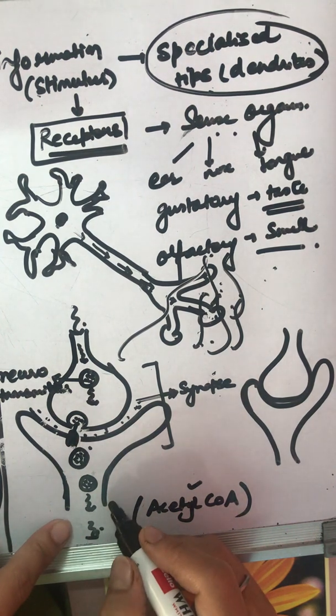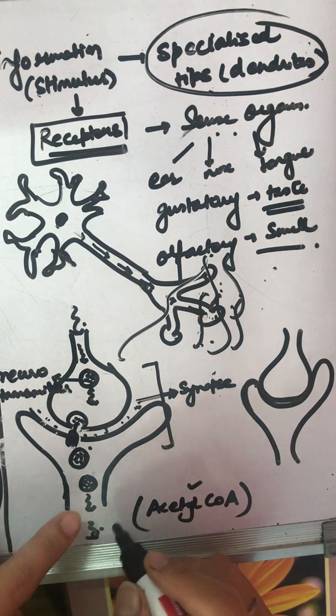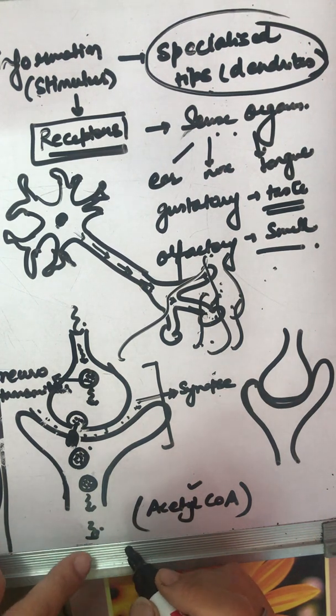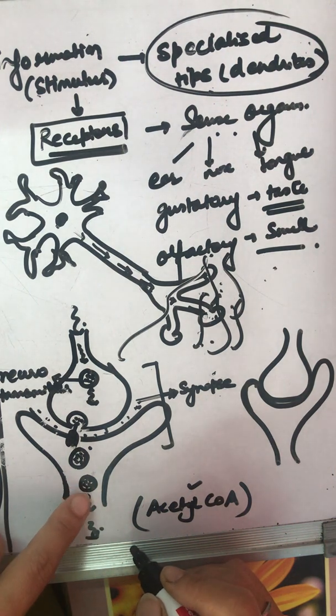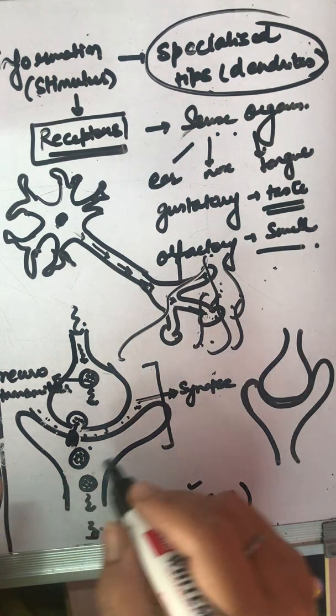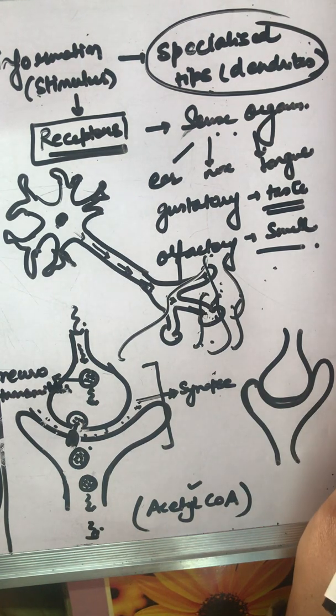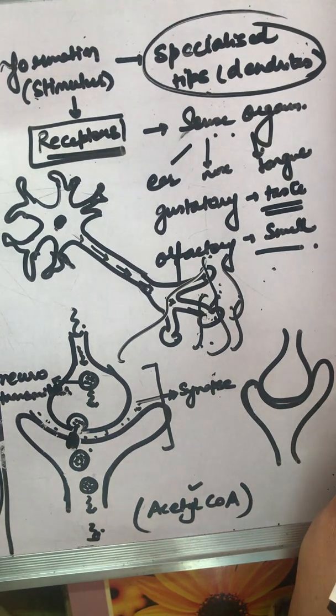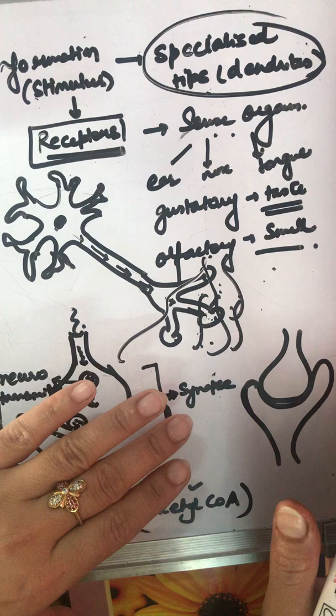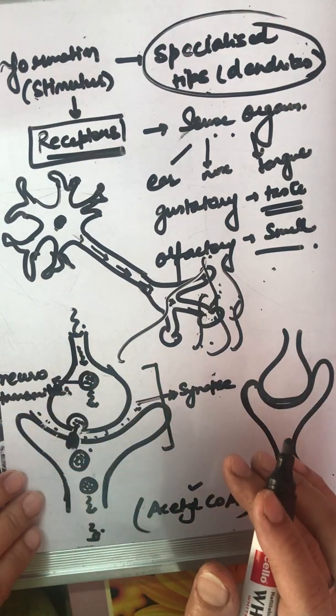Then when this chemical crosses the gap, a similar electrical impulse will be generated in the dendrite of the next neuron. Similar one. And delivery of such impulses from one cell to another will take place, or neuron to muscles or neuron to glands, anywhere.